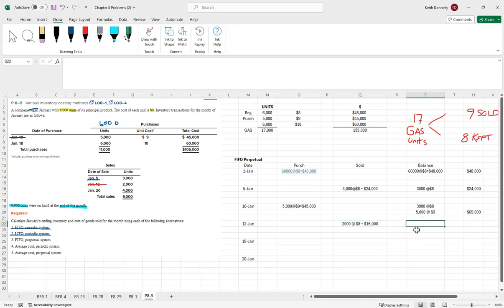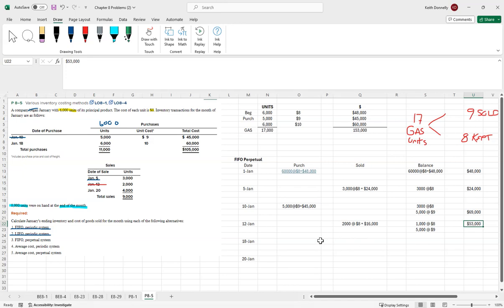We were at 3, we just drew 2, so we're going to have 1,000 left at $8. And the 5,000 we didn't tap into at all. Those two added together, 1,000 at 8 plus 5,000 at 9, we're looking at 53,000.